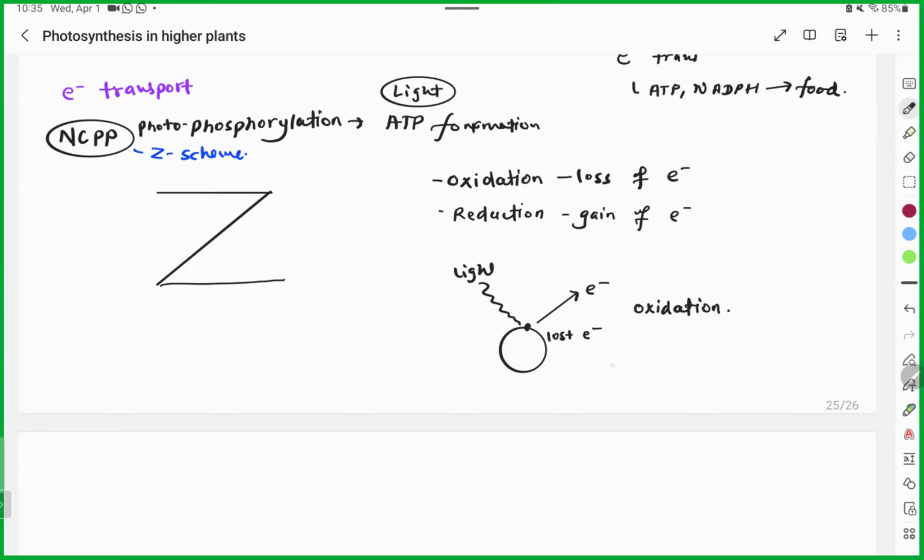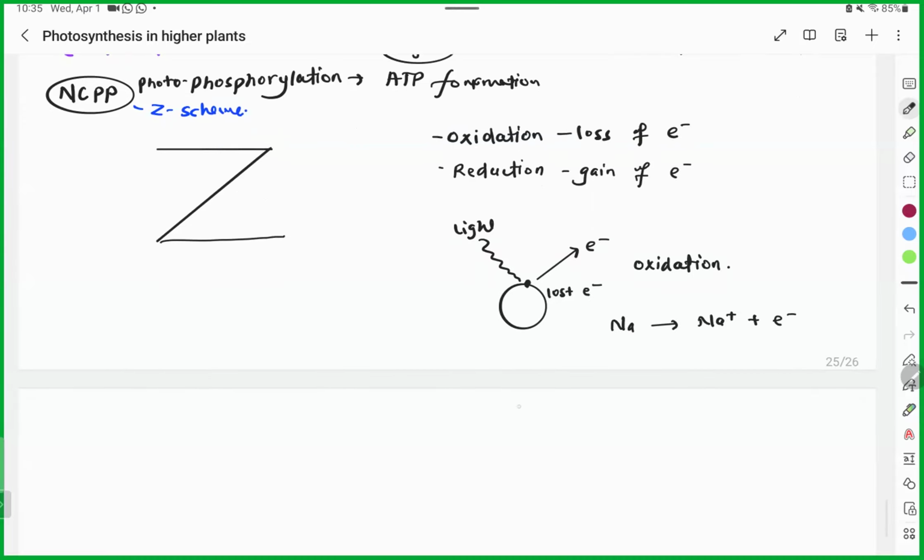Example, you have sodium. If light falls on the sodium, it will lose an electron and convert into sodium positive. So what is happening? Oxidation. If you have an electron acceptor, example NADP positive, this will gain electrons ultimately in the whole process.